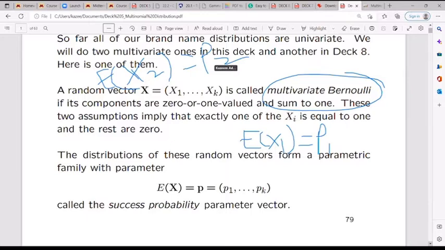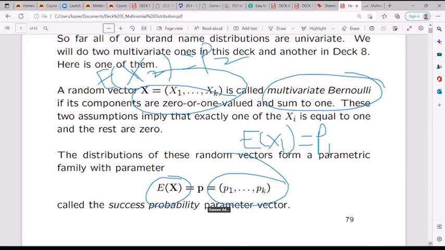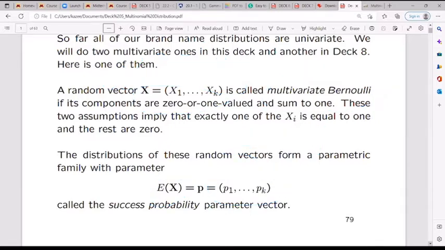But where you have a vector x comprising x1 up to xk, the expected value of the vector x is basically going to be the vector of probabilities. I'm denoting the whole of that as p. This p here is a vector because it comprises several p's. So that is what we call the mean of a multivariate Bernoulli distribution.